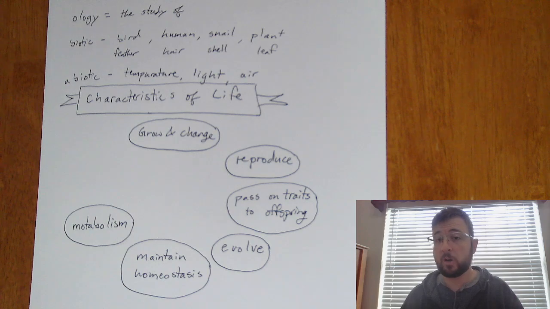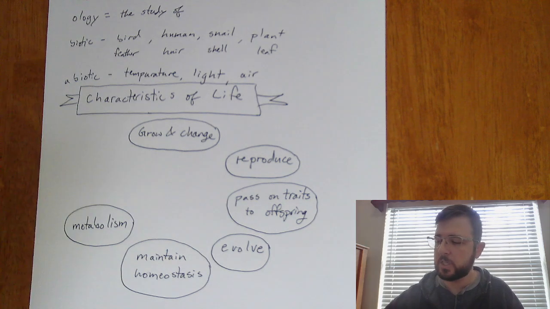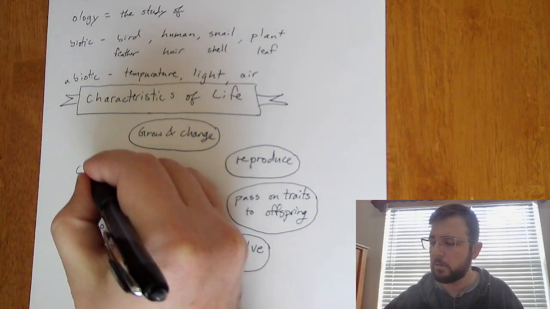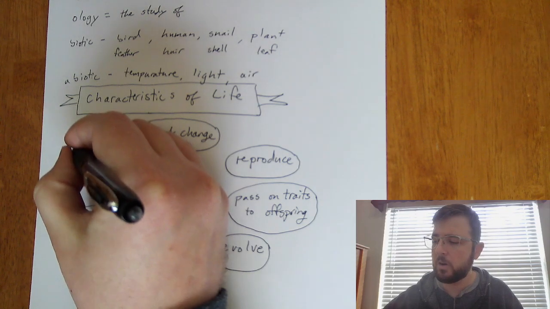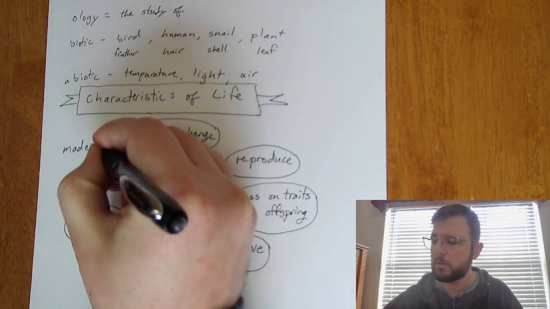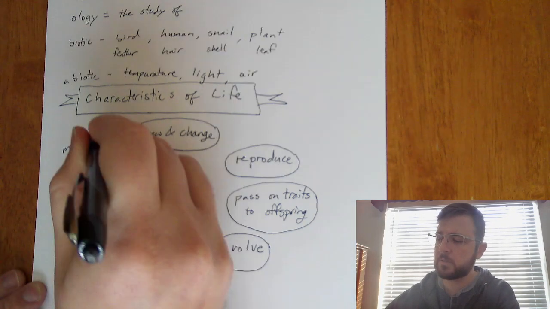This metabolism all takes place in the smallest individual unit of life, which is the cell. All living things are made of cells. All made of cells.